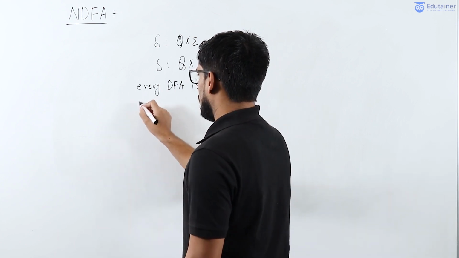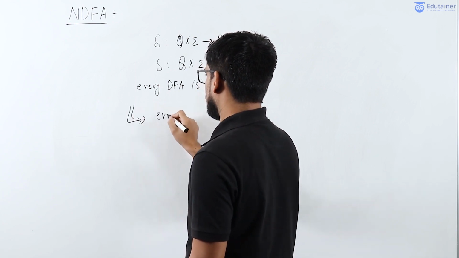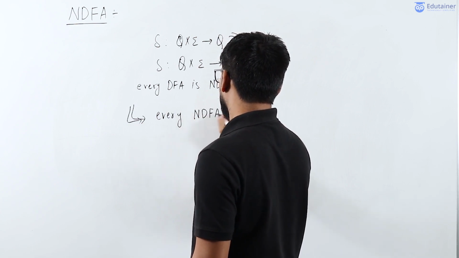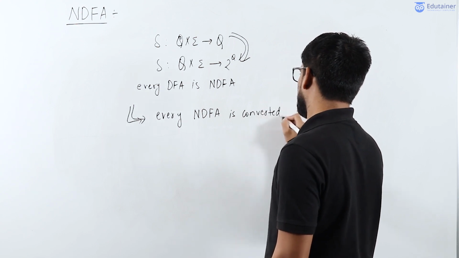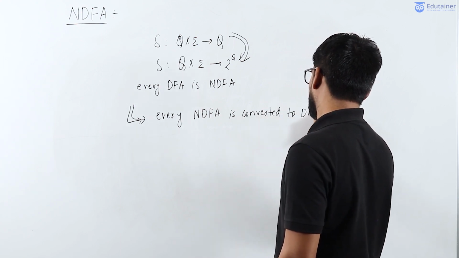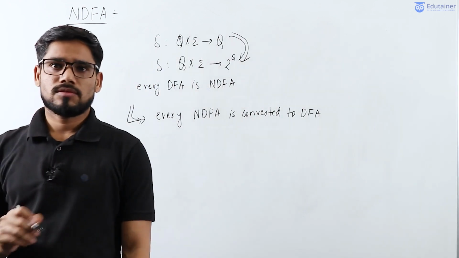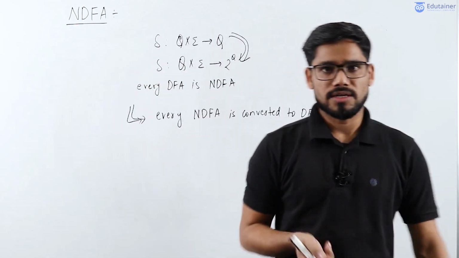Similarly, I can also prove that every NDFA can be converted to a DFA. How? By using various methods. The popular method is subset construction, which we will discuss shortly.